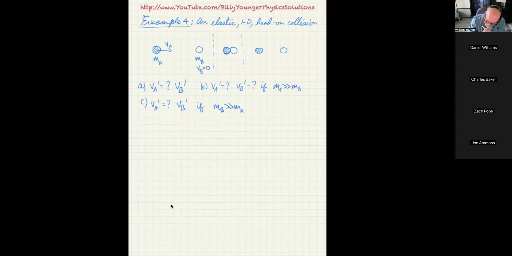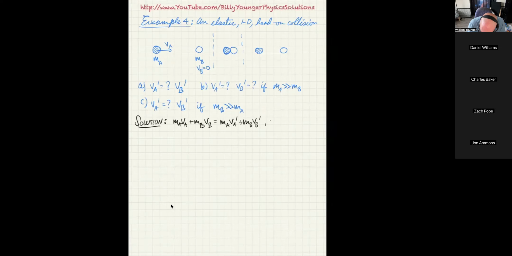It is an elastic collision, so all those equations we found are fair game. Solution: what we know is MAVA plus MBVB is equal to MAVA prime plus MBVB prime.